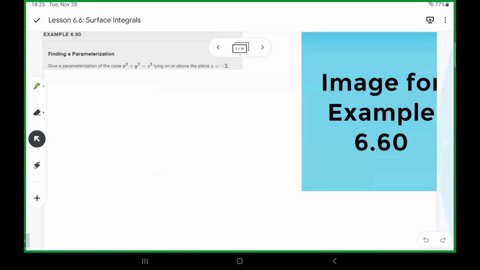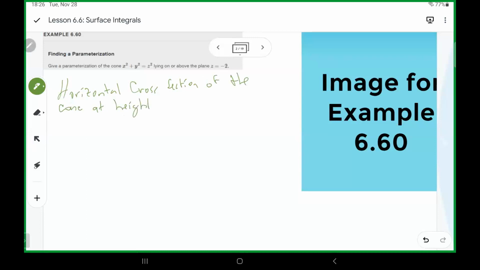So the horizontal cross section of the cone at height u is a circle. x squared plus y squared equals u squared. We know that from what we just did.